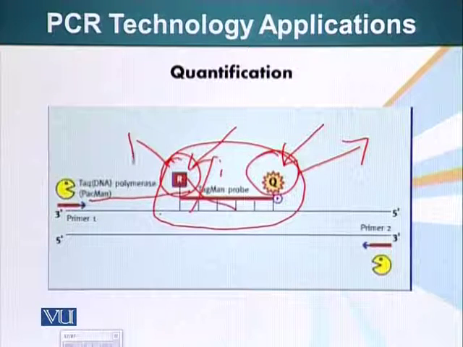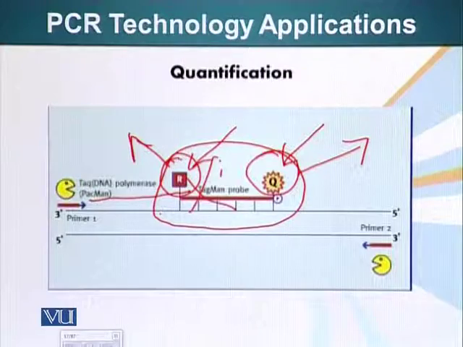They will go their separate ways, and the reporter will emit light. The amount of light is directly proportional to the amount of viral DNA that was in the original sample. So if our sample, say for example, had only one viral DNA, only one photon of light, which is a unit of light, one particle of light, will be emitted and it will be detected.